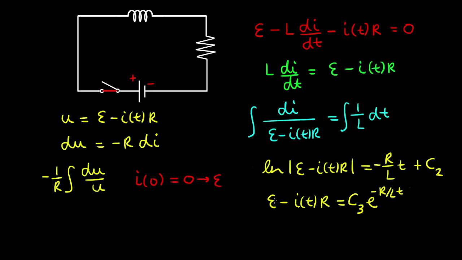That gives epsilon is C3 times e to the 0, which is C3. Therefore this constant of integration is equal to the EMF, and the current as a function of time times the resistance is equal to the EMF times 1 minus e to the minus R over L times t.